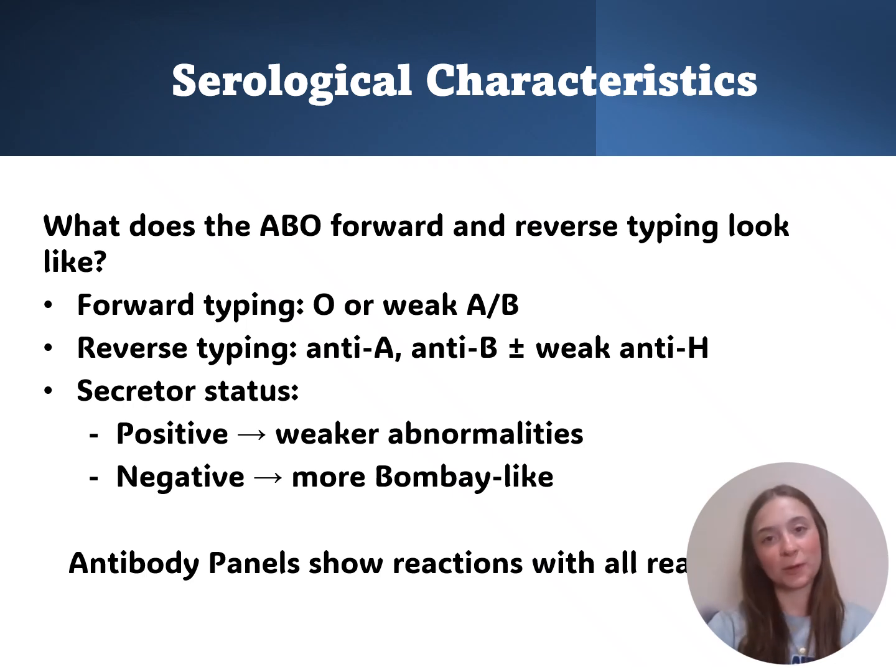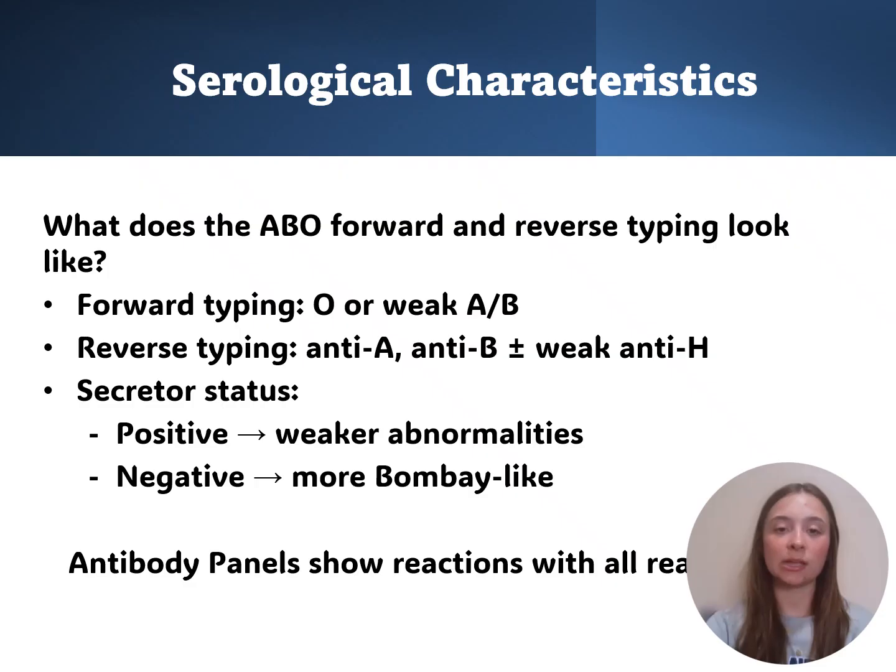If you're like me and wondering, what does the forward and reverse typing look like on a Para-Bombay patient? It's very similar to regular Bombay, but with a few differences. Our forward typing shows O or possibly a weak A, B, or AB antigen, and that is very unique because group O and regular Bombay patients have no A or B expression for the antigens.